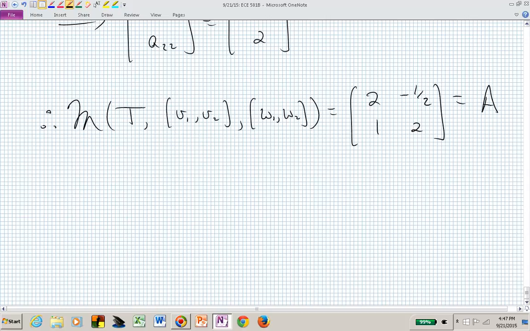And now let's see if we had started with P1 in the V basis, capital V basis, we want to know how does that point or vector P1 get changed through this linear map that's now a matrix, capital A. What is going to be, let's say, Q sub 1 on the W basis?